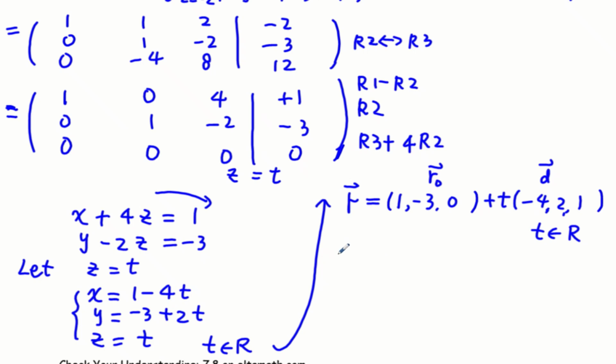So the intersection is a line. So it has infinite points of intersection for these 3 planes. So now you will see if we have 1 here, we have 1 point of intersection. If this one is 0, then we have a line, and z will be t, any numbers.